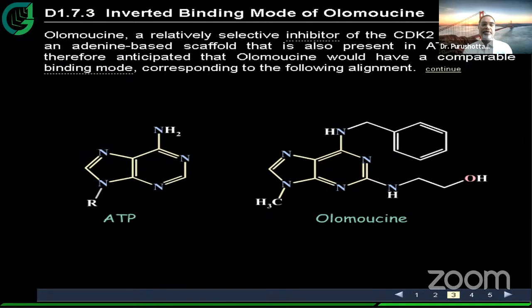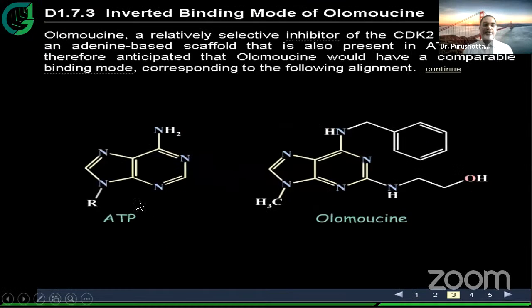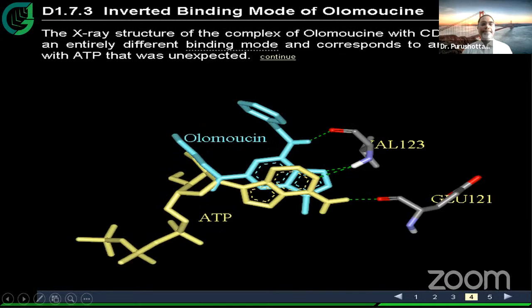Now here, obviously, you will think it will probably bind in the similar way as the ATP binds. But now if you look at the X-ray structure of the complex of olomoucine with CDK2, it reveals an entirely different binding mode.